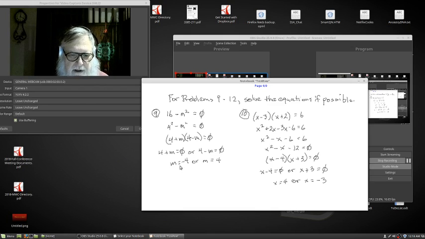And you'll usually get two possible answers. Now, if it factored into something like 4 plus m squared, basically you'd get that m is equal to 4 twice. So there's really one answer, but it actually occurs from both factors.